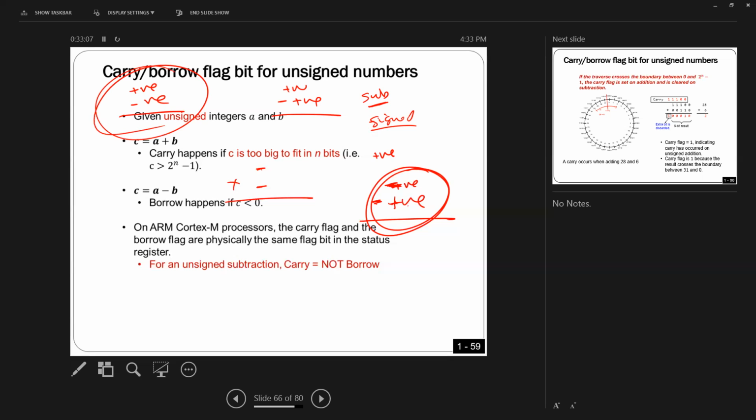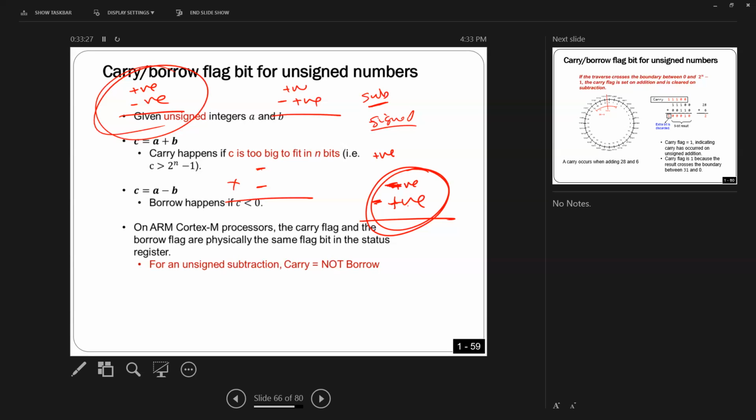Actually, that's what we did. I told you, how can you get a negative number? You calculate the two's complement and you make it addition. That's what I explained, right? That is why the two's complement is very attractive, because you can use addition to do subtraction.